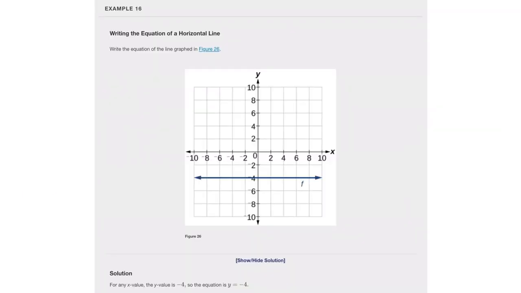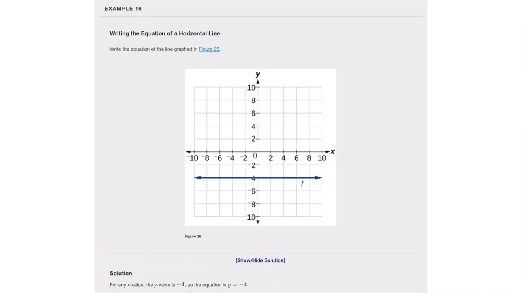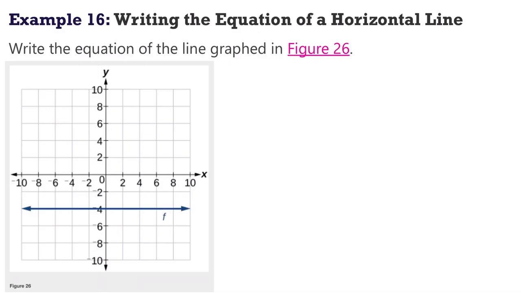So write the equation of the line graphed. So notice here, no matter... oh no. Darn, I guess I missed that one. Oh, I got the order backwards. I kind of want to change that, but I can change it here.